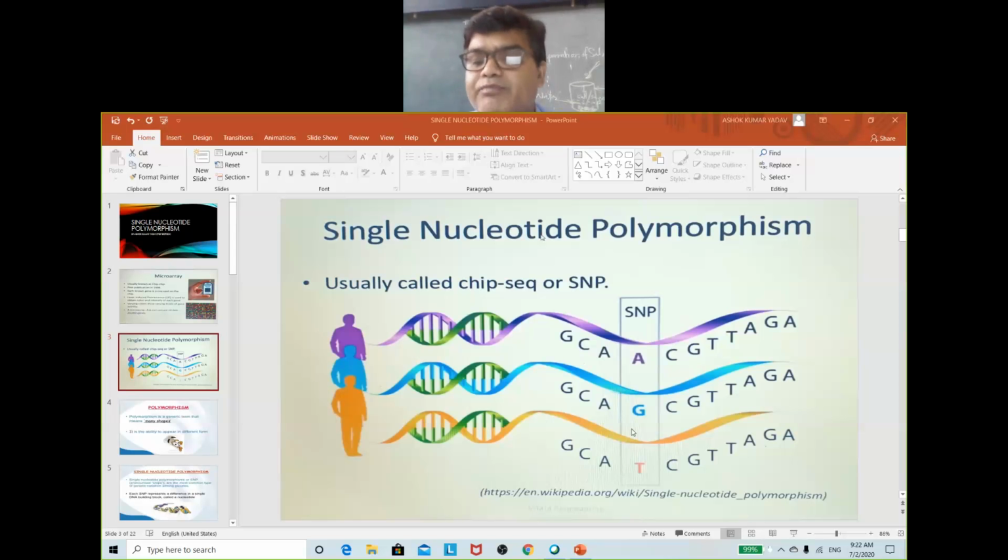Second point, we can find out the variation in a clonal population. If it is a clone, we can study the variation, even if there is a difference of one nucleotide, with the help of SNP maps or SNP techniques. Third, if you want to find variation to differentiate twins, where a single nucleotide differs, phenotypically they are similar but genotypically they are different.